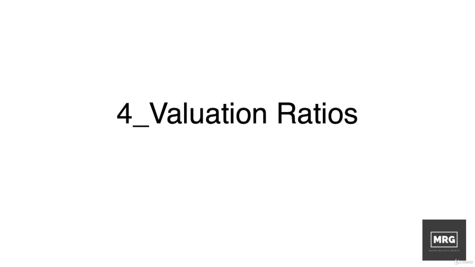We're coming to an end in this chapter on valuation ratios. A quick recap: we have covered the price to earnings ratio, PE ratio, and the price to earnings against growth ratio, PEG. We have the price to sales ratio, we have the price to book ratio, and lastly, we have the price to cash flow ratio. So similarly, you can see a trend. We are always comparing the current share price against different factors within a company, whether it's against earnings, against sales, against cash flow.